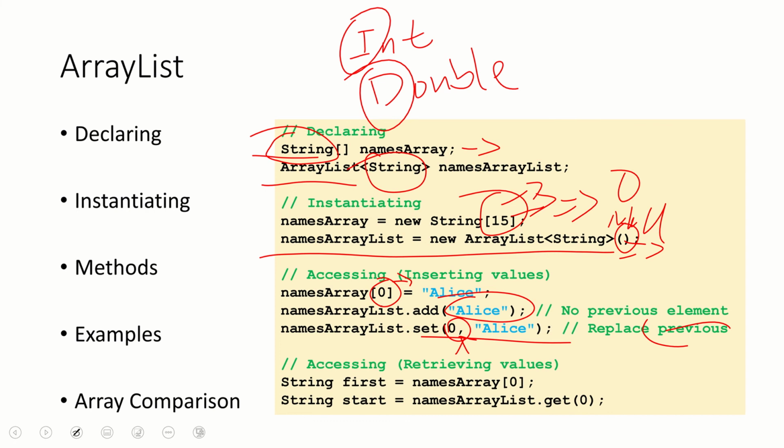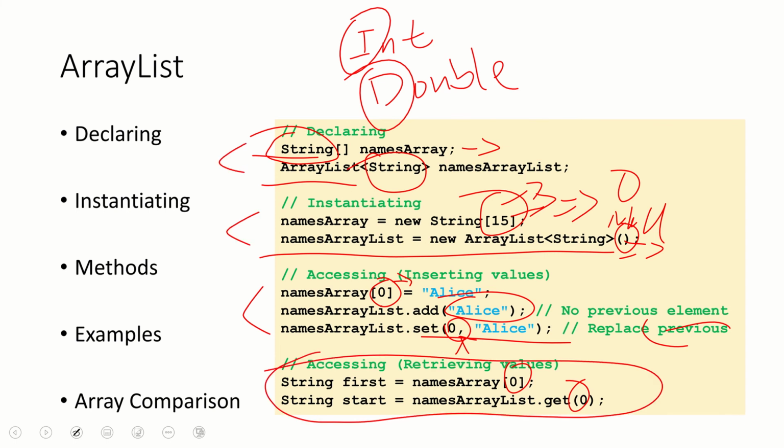If you want to retrieve the value in different elements, we use the index. So I think this part is very different. The only similarity is accessing to retrieve the value, with both of them using the index.